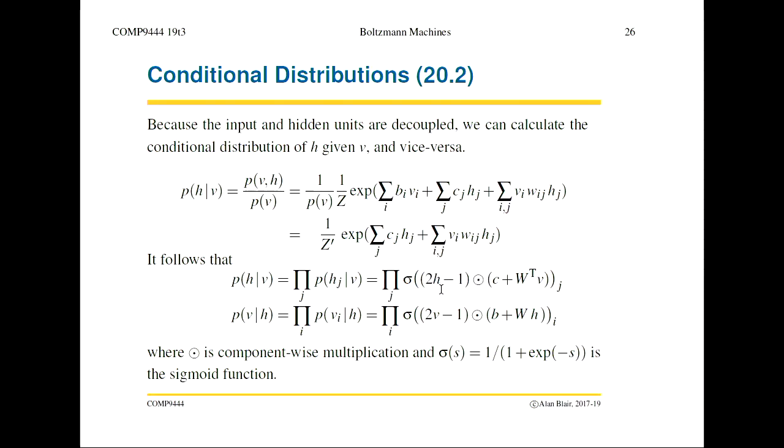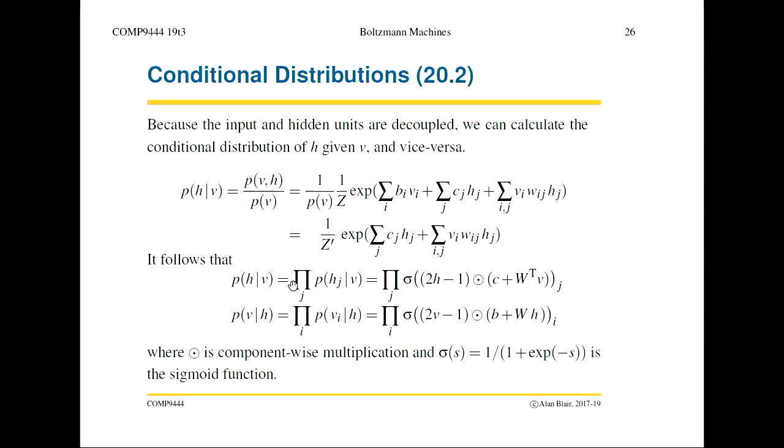Because remember, h is either 0 or 1, so this turns it into +1 or -1. The same thing here. If this is positive, then this is more likely to change to +1, and otherwise to 0.